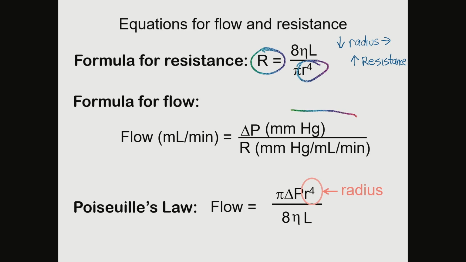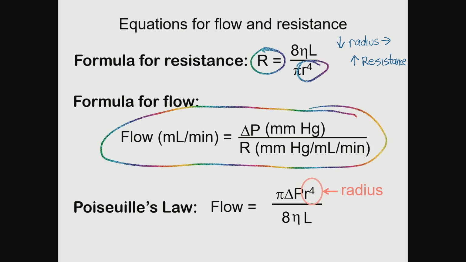And then there's my flow equation. Put a big star by it because that's what you need to know. And when I'm putting everything together as far as radius, resistance and flow goes, if I increase resistance, I decrease flow.